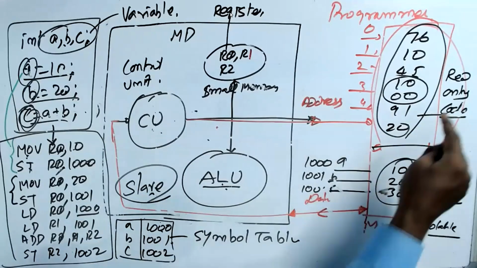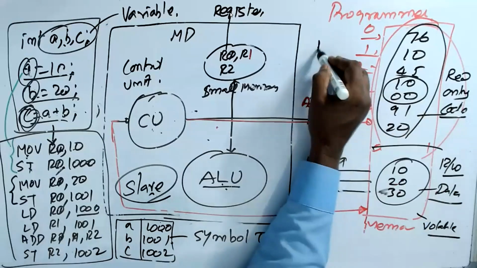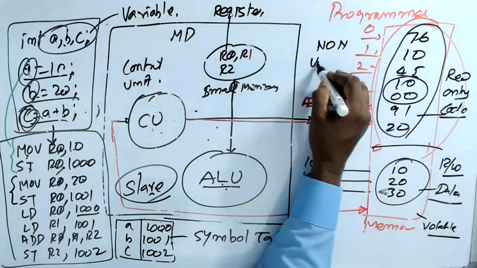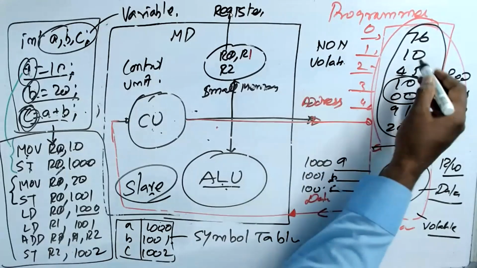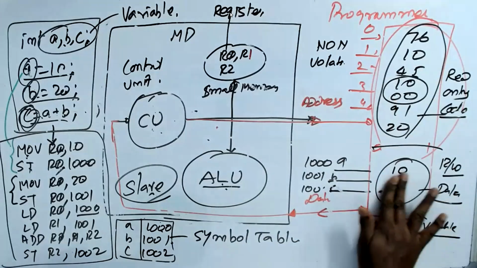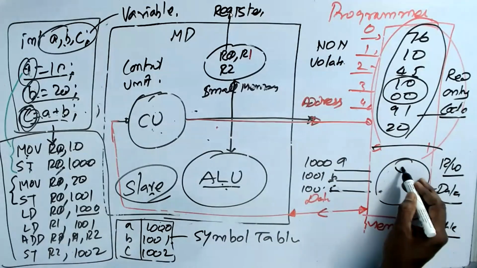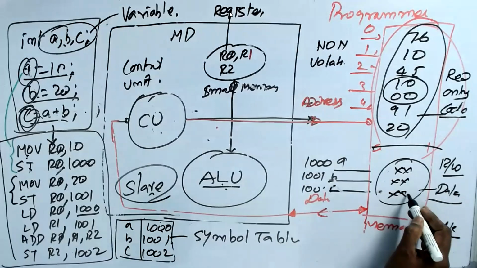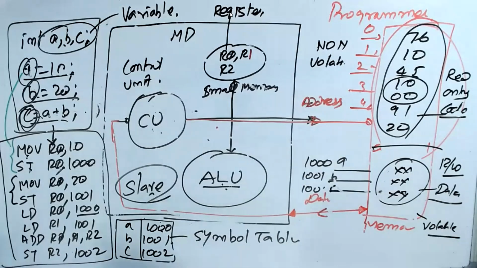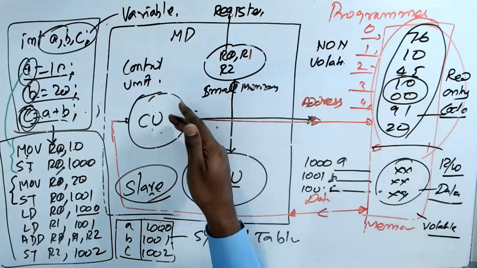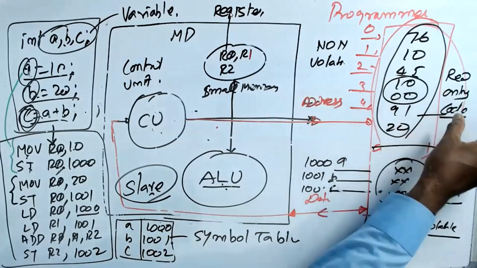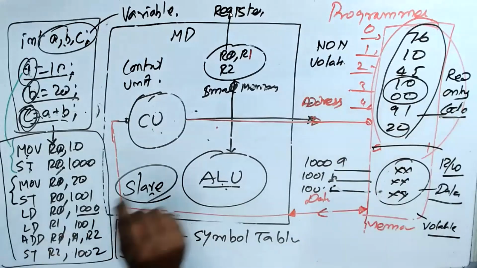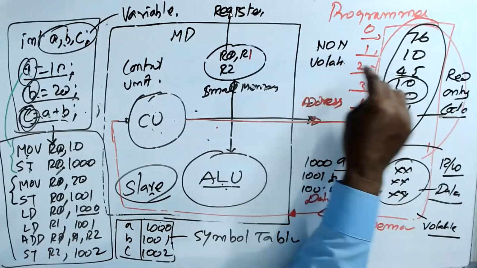But the ROM is non-volatile because it has to be permanent. The moment you remove the power, the data goes off. If this data is gone, nothing will happen. But if the code is gone, when the microprocessor reads it, it will not execute anything. So your code should always be in non-volatile, read-only memory.